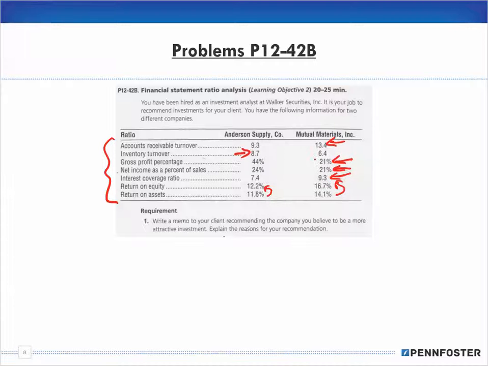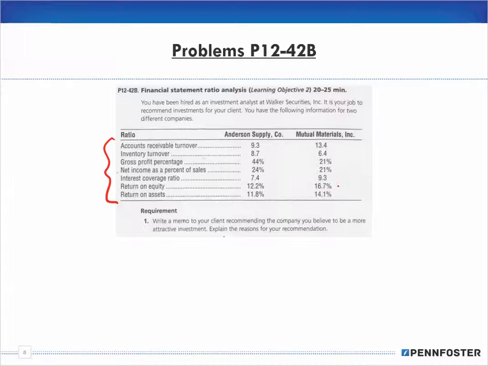So this is a good example of what I was talking about at the end of the last video for problem 12-41B. It's not always simply plus, plus, plus, plus, plus, and minus, minus, minus, minus, minus. In this case, you have a mixture.